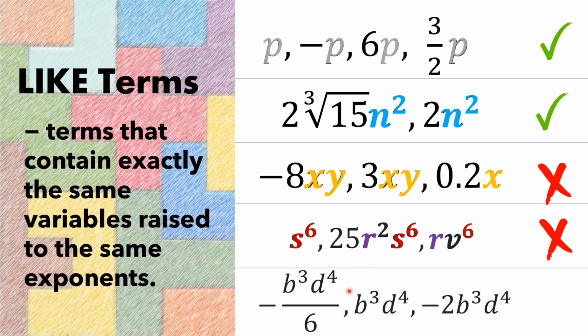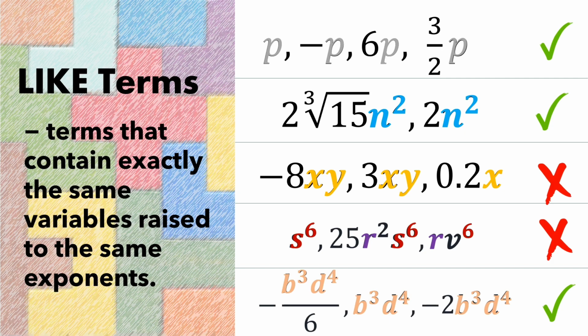Next, and the last: negative b cubed d raised to 4 all over 6, b cubed d raised to 4, negative 2b cubed d raised to 4. These three terms contain exactly the same variables raised to the same exponents, that is b cubed d raised to 4. Therefore, they are like terms.